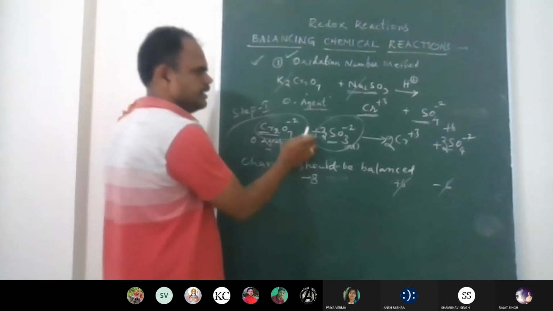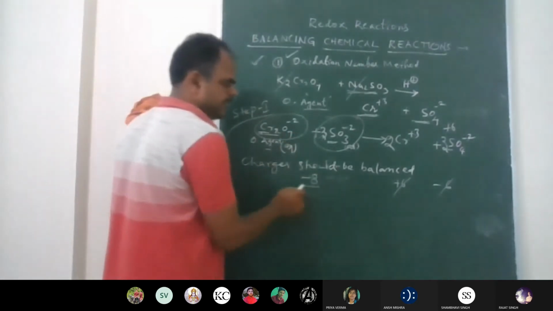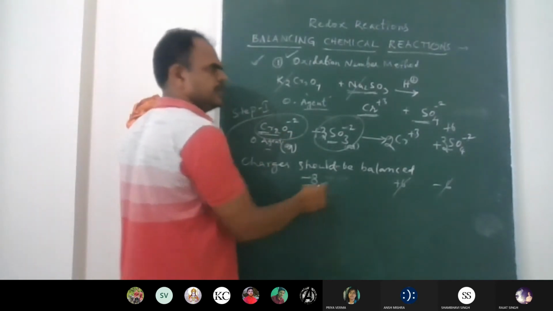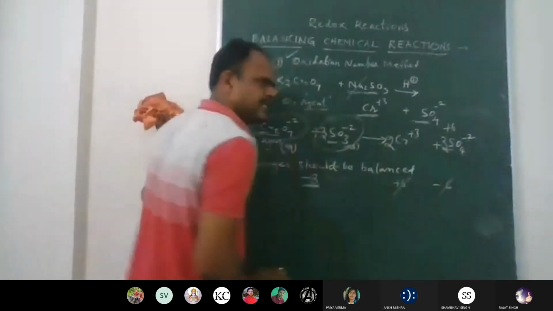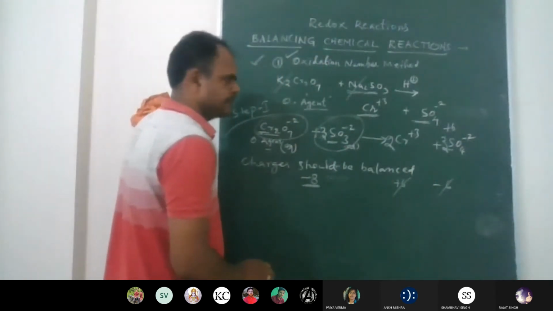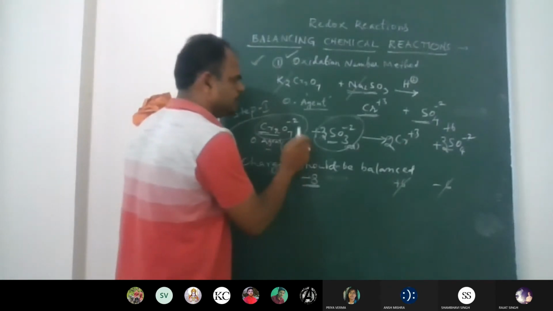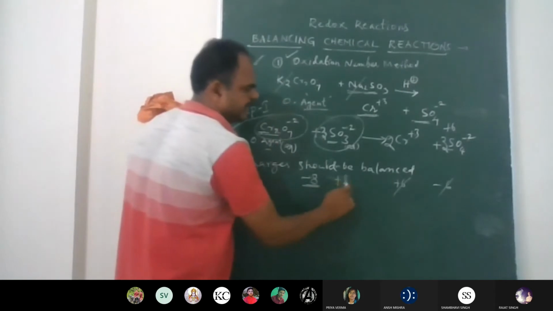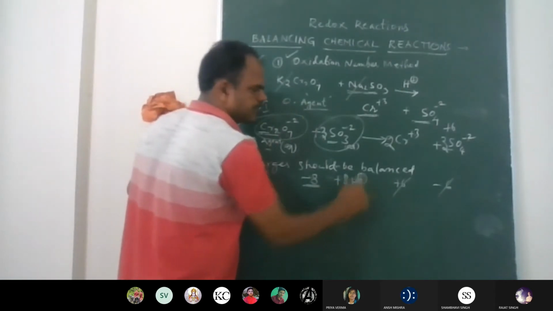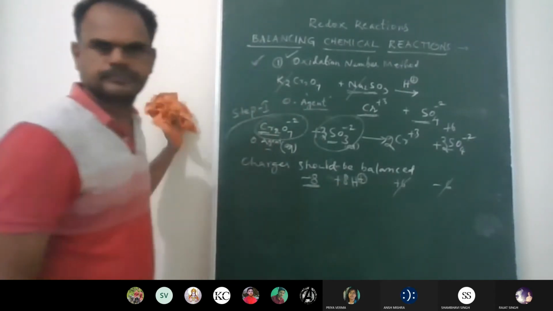But on this left side, only -8 charge is there. Positive negative charge is balanced on the right. Clear everyone? So in order to balance the negative charge, I am bringing 8 H plus ions.